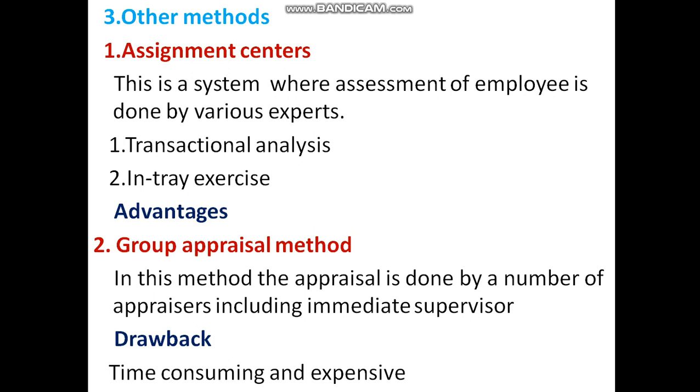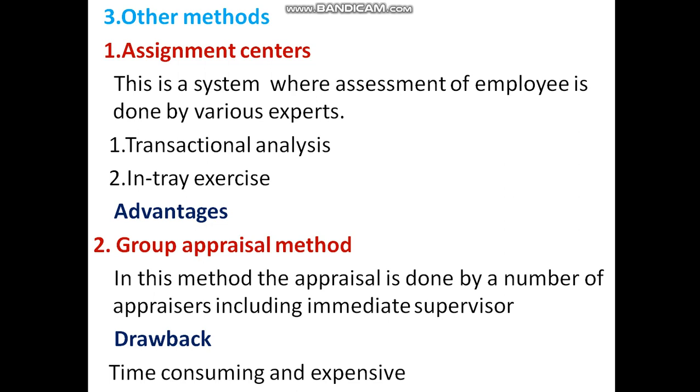In transactional analysis, the employee is taught to alter the ego state as a way to solve emotional problems. Ego state means parent-like, child-like, or adult-like behavior.